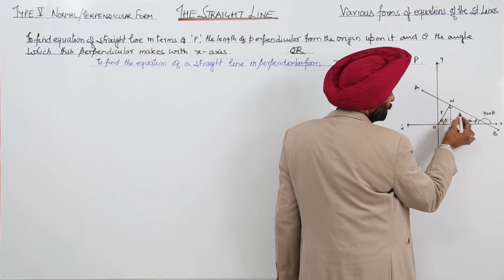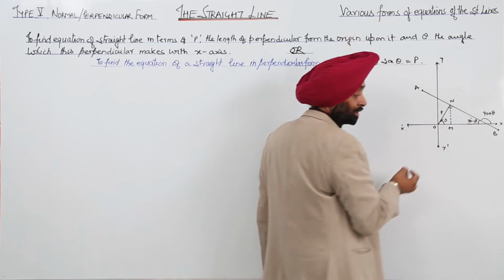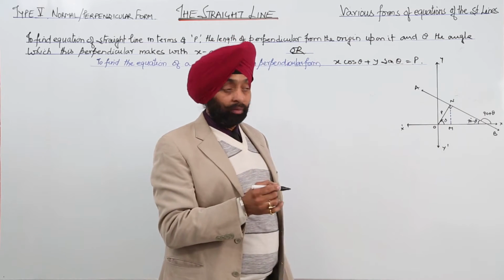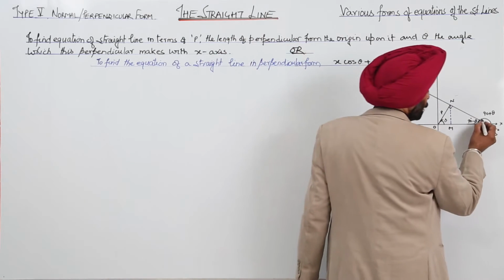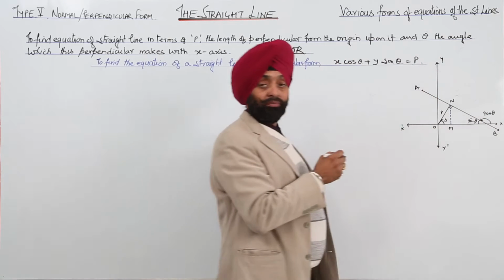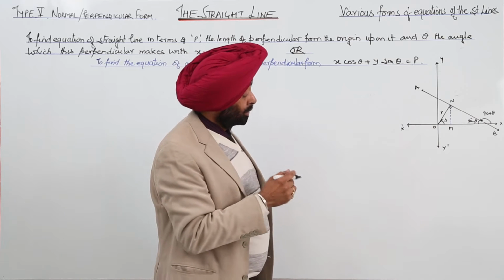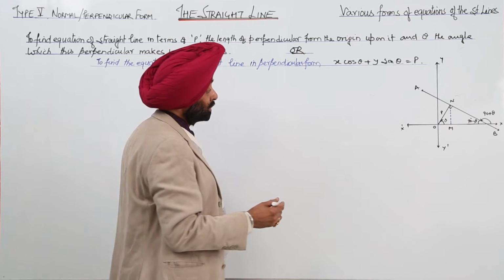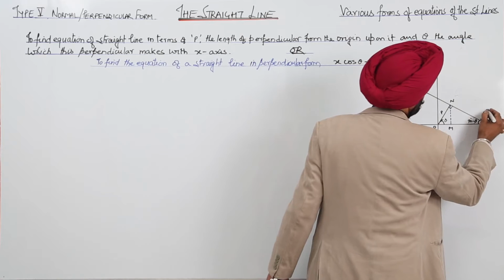This angle is 90 degrees, so this angle is 90 minus theta in triangle ONB, and from the positive direction of the x axis it becomes 90 plus theta. So this is all about the figure.